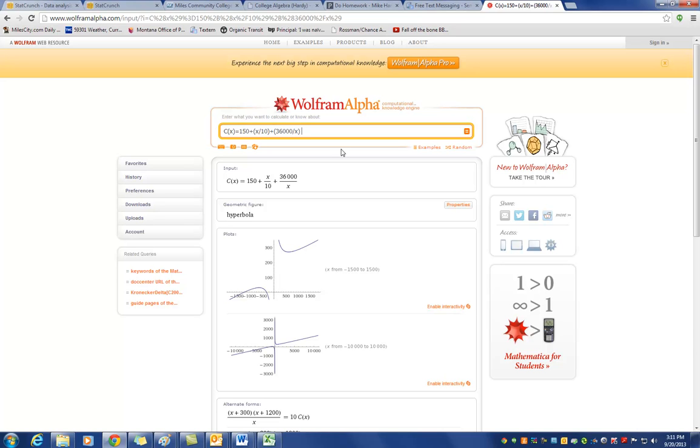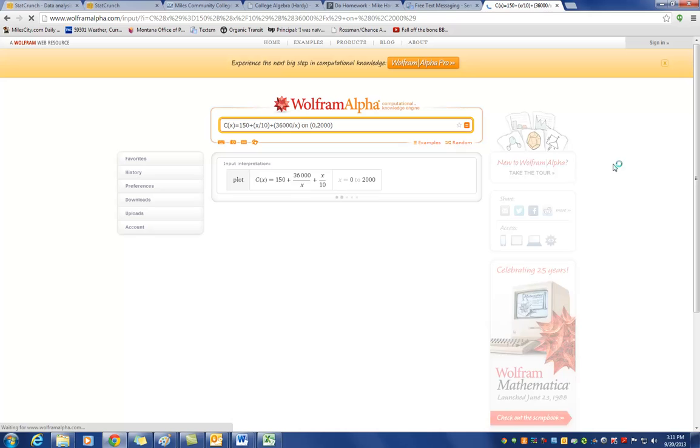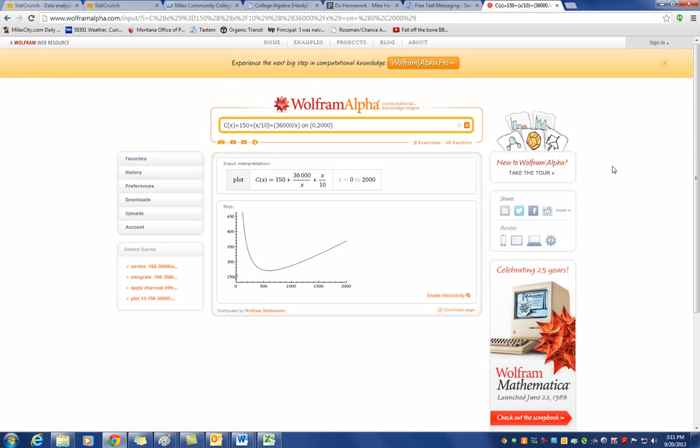So what I'm going to do is simply put the word "on" and then the interval 0 to 2,000, okay? I'm going to hit equals and compute again. What that's going to do is limit us to this interval of positive values. So we can see this function, and we can even see this minimum value wherever it is.